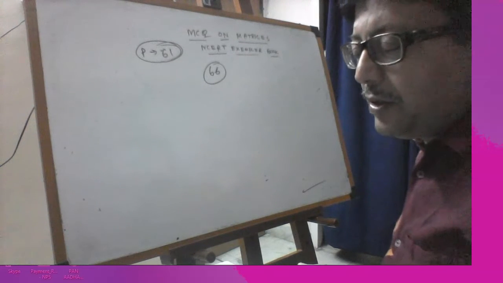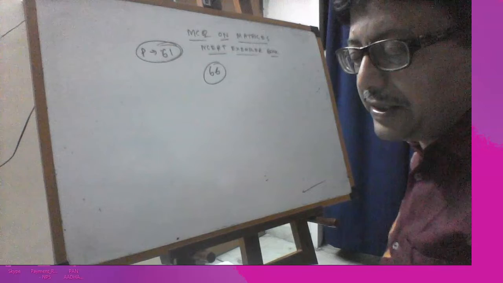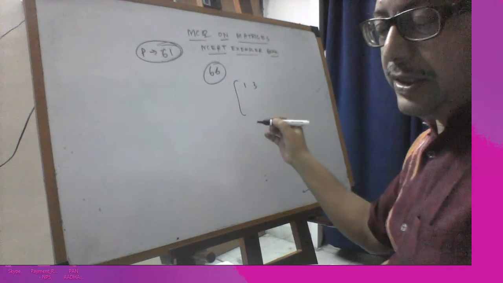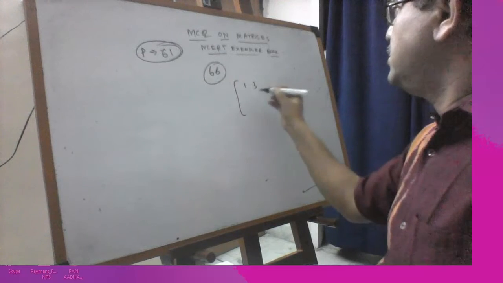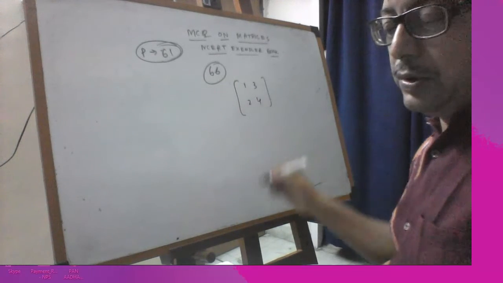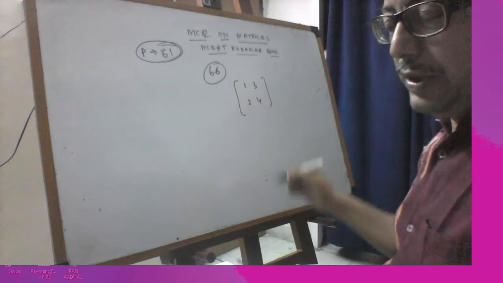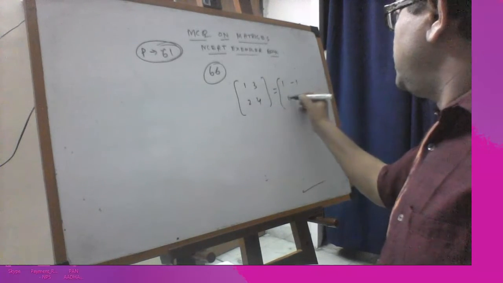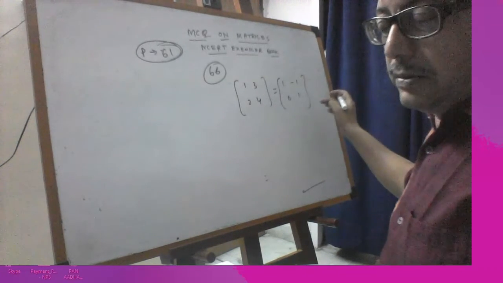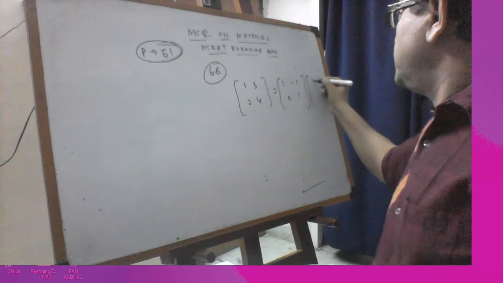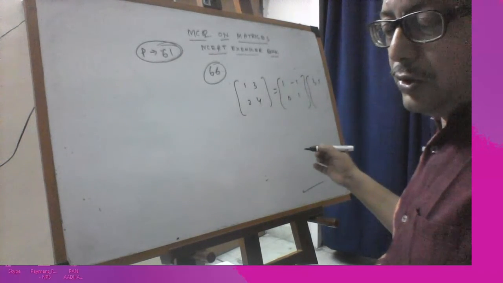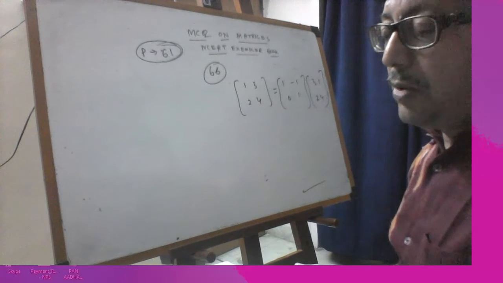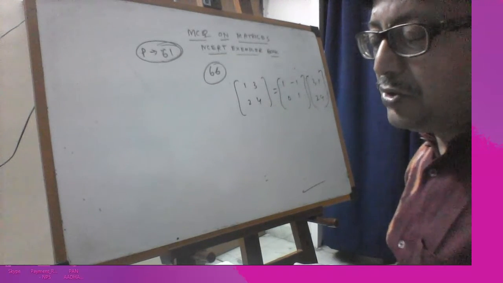On using elementary column transformation in the following matrix, what do you have? [1 3; 2 4] equal to [1 -1; 0 1] multiplied by [3 1; 2 4]. The operation is C2 dash equal to C2 minus 2C1.